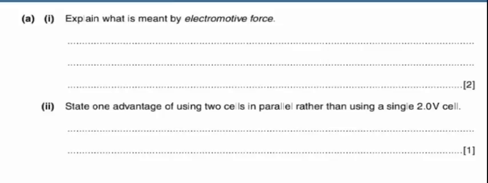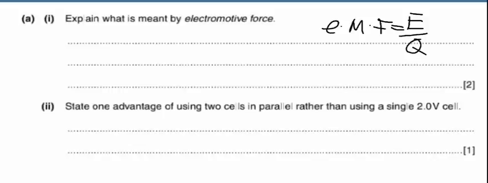So let's see the question. As for the first one, question A, Roman numeral 1, it is saying, explain what is meant by electromotive force. In terms of electromotive force, it is the same as PD, which is potential difference. So I'm going to say EMF is equal to energy divided by charge.